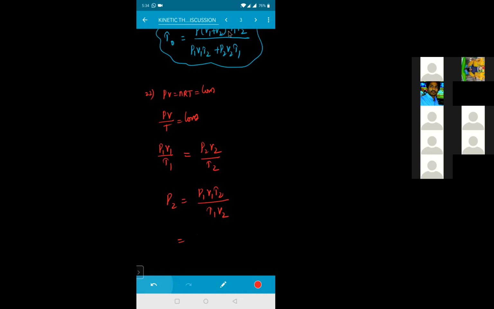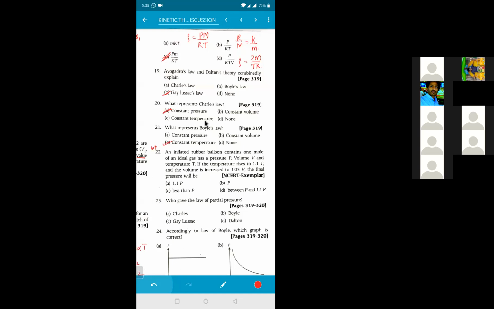What is happening? Can anyone tell me? The inflated rubber balloon contains 1 mole of an ideal gas, so n is 1, with pressure P, volume V, and temperature T initially.